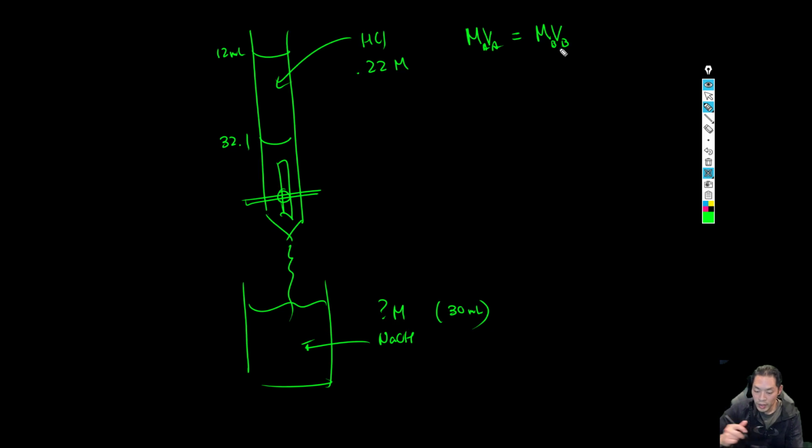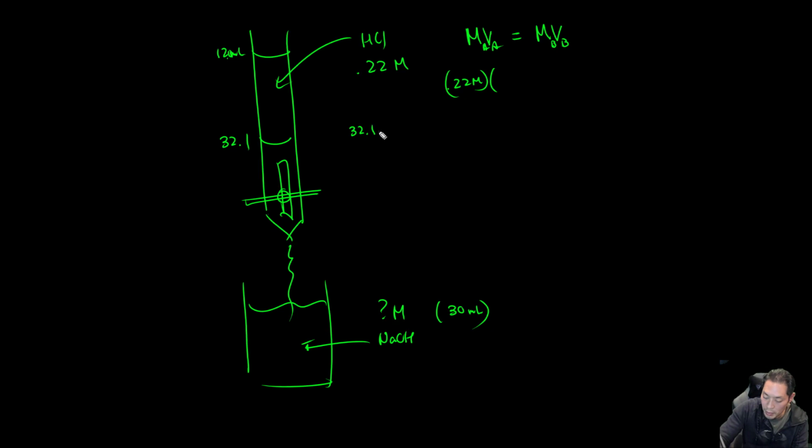So we know this one. This is a 0.22 molarity solution of HCl, and the volume is the difference between these two. So let's say it was 12.0. I want to save my sig figs. So 32.1 minus 12.0.